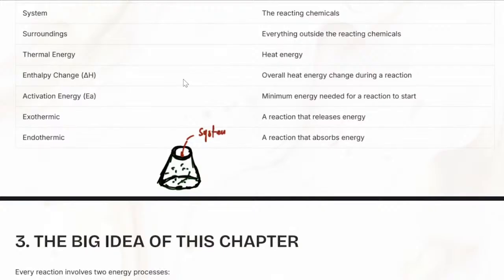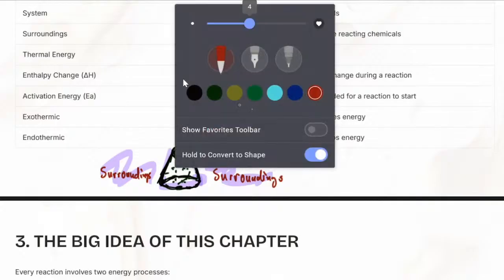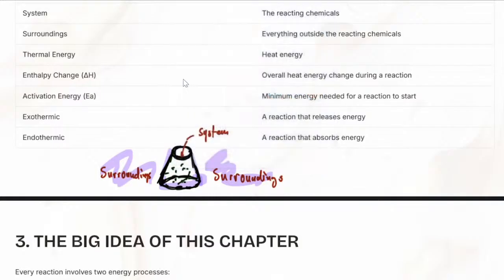Everywhere else we call the surroundings. Surroundings mean everything else that is not the reactants, from the vessel to the atmosphere around it. We want to know: is heat being lost to the surroundings or gained from the surroundings?